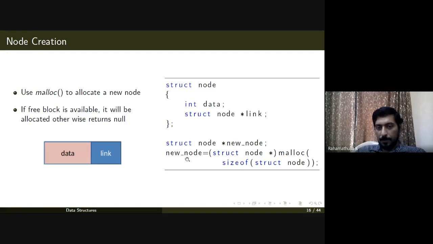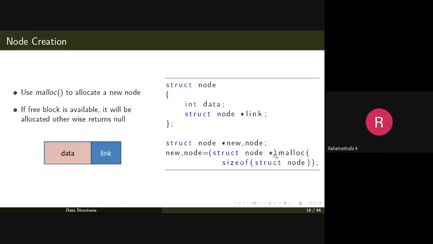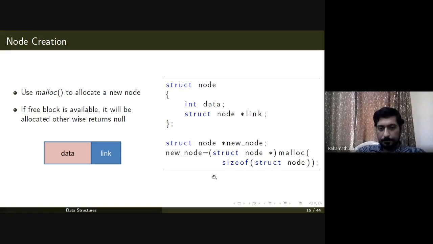So new node is of type struct node star. Then you allocate this much memory, and you typecast it to struct node star. So this is how you create a new node. That's it. If at any particular point in your program you need to insert a node onto memory, you need to create it.